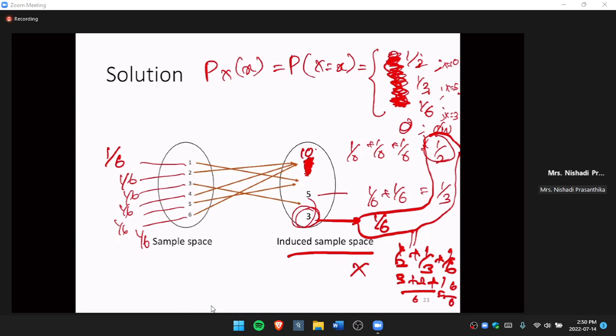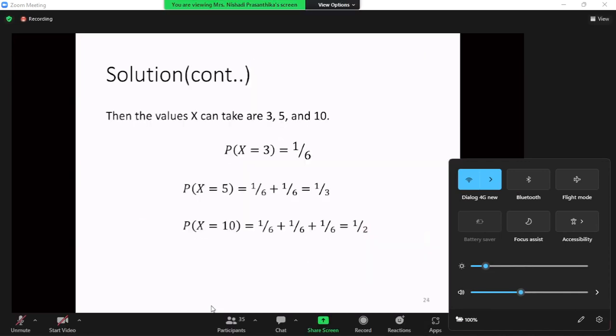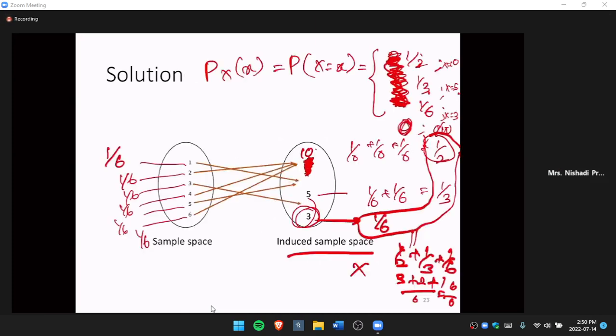Otherwise, the probability is 0, which means if the random variable x takes any value apart from 3, 5, and 10, the probability is 0. Okay? So you can also use just a table to represent the probability mass function like this.